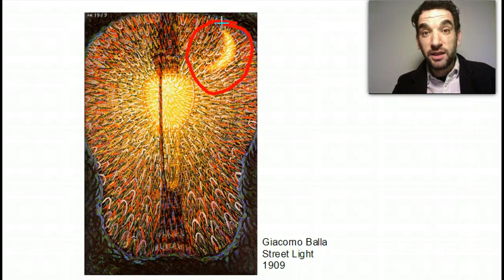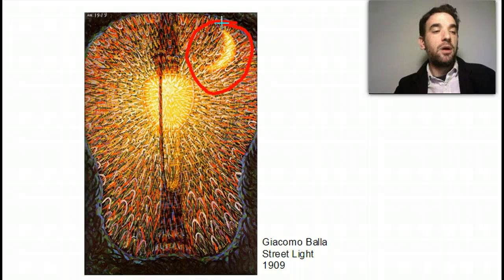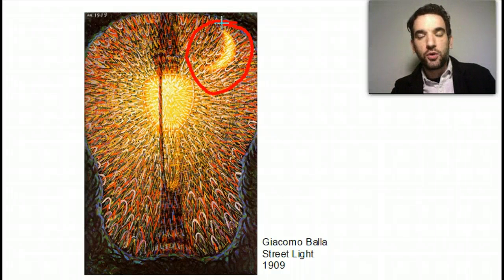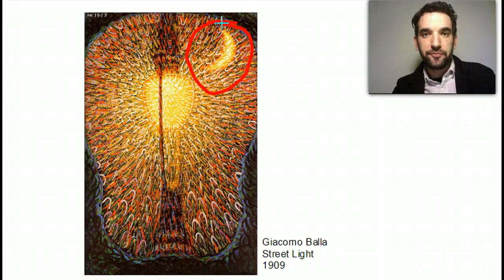I mean, arguably it still is the brightest thing in the sky at night from our perspective. But when you're walking on a street and there's street lamps, the moon's light is diminished and is overtaken by the light of these new street lamps. So what Balla is saying here is that industry is getting to a point where it is eclipsing nature.